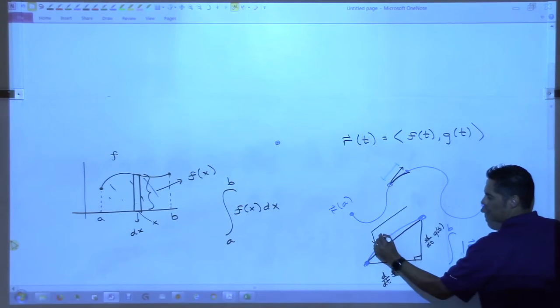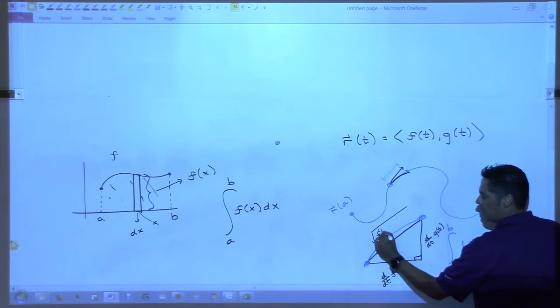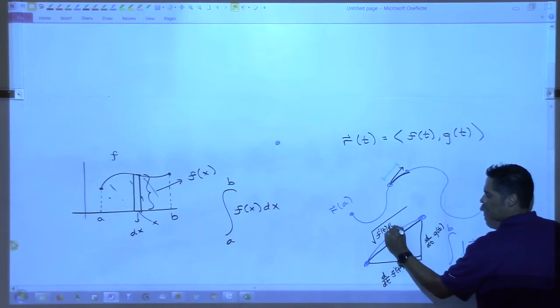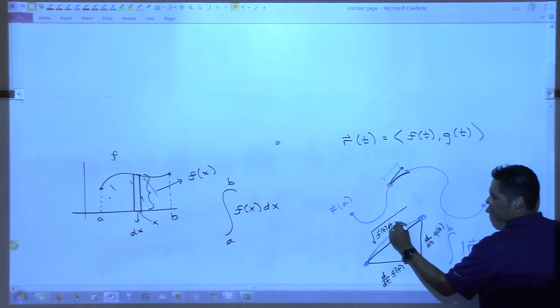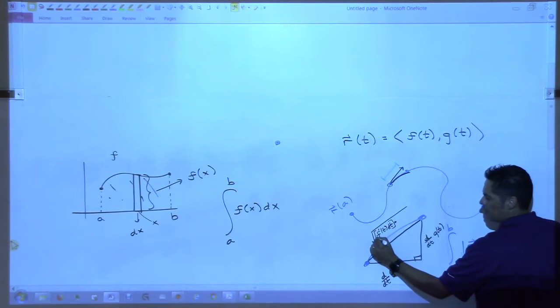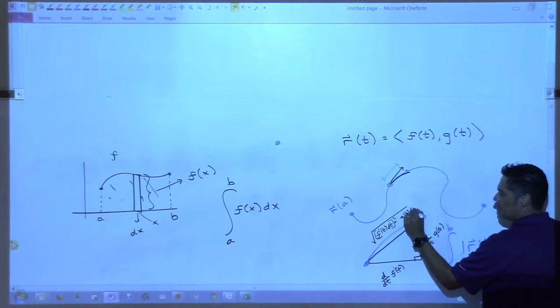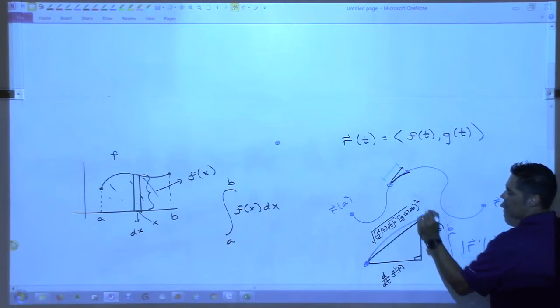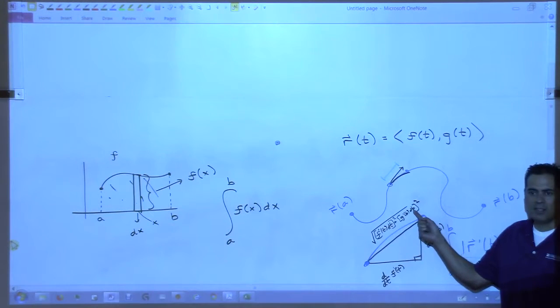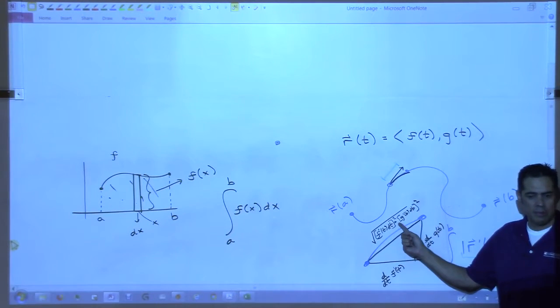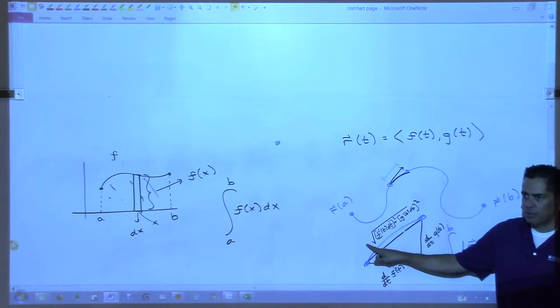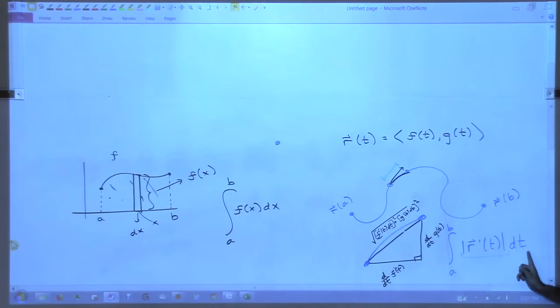It would be f prime of t dt, plus, oh, we need to square it. And the same thing for this one would be g prime of t dt, then square that. Then you can take the dt squared out of both and bring it out of the root. And that's where this comes from. I hope that illustrates visually what's happening.